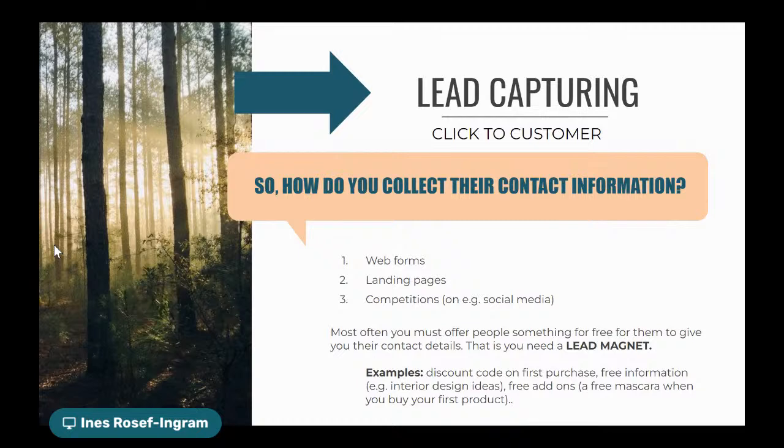Examples can be discount codes, free information, free add-ons, ebooks. I will show a specific example of how an ebook lead capture can look in a system. So there are various ways you can do it, but the important thing is that it's done.